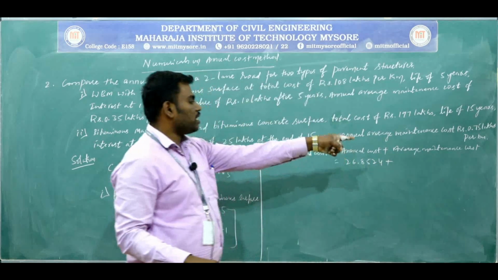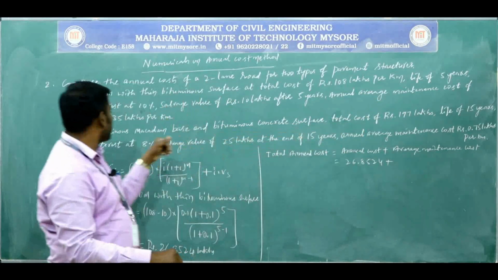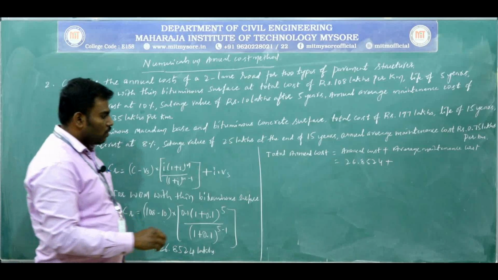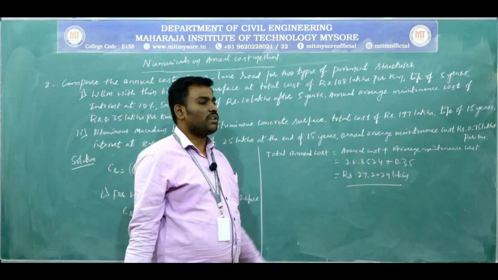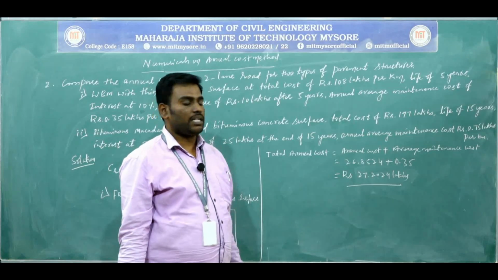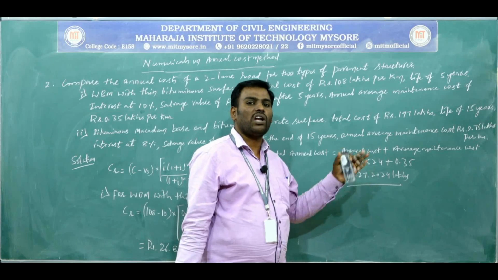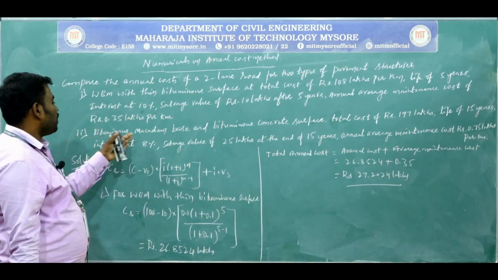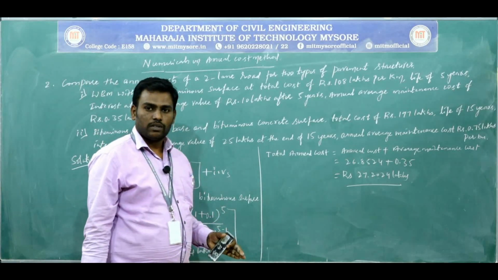And what is the average maintenance cost? They have given the annual average maintenance cost, about 0.35 lakhs per kilometer. This plus 0.35, you may get the total annual cost for the WBM with thin bituminous surface of about rupees 27.2024 lakhs. Similarly find out for the bituminous macadam base and bituminous concrete surface.